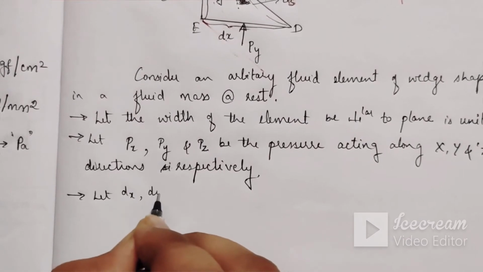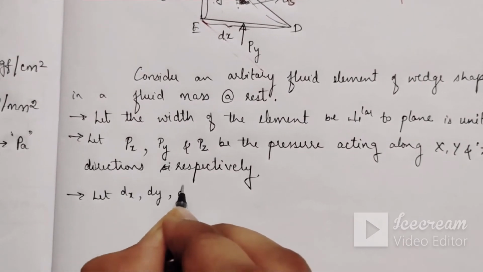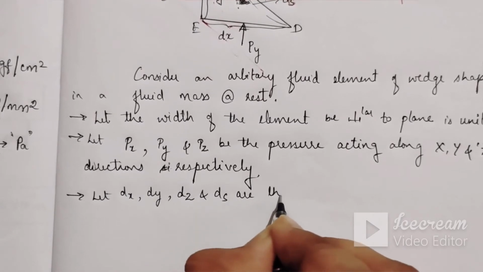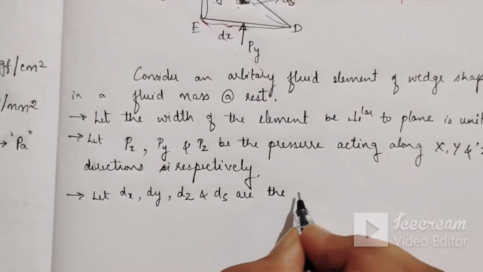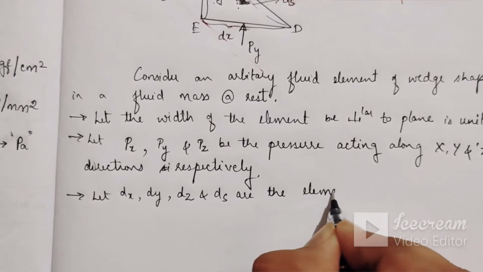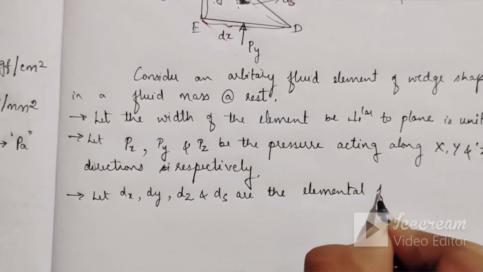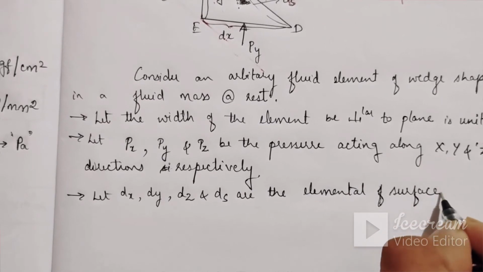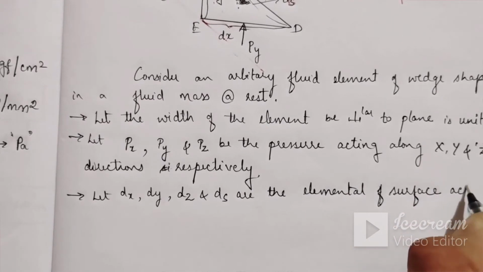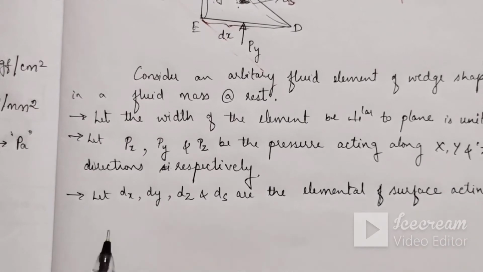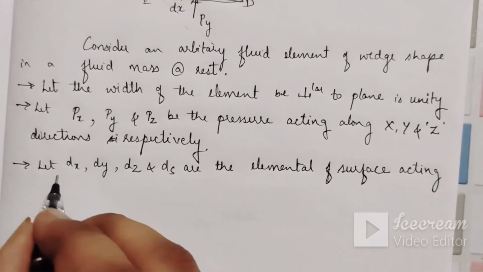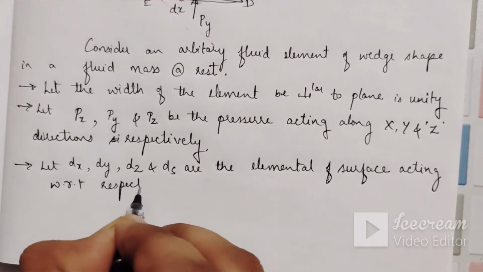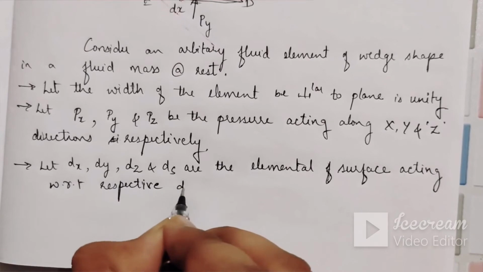Now let dx, dy, dz and ds be the elemental surfaces acting with respect to the respective directions.